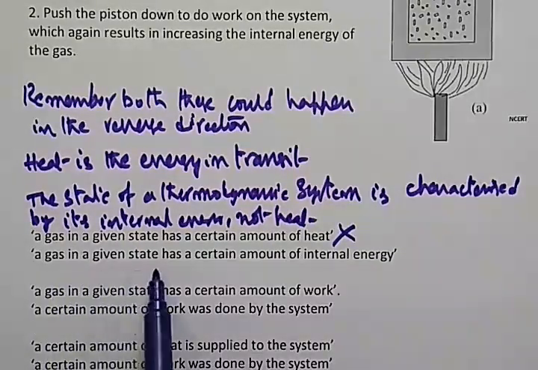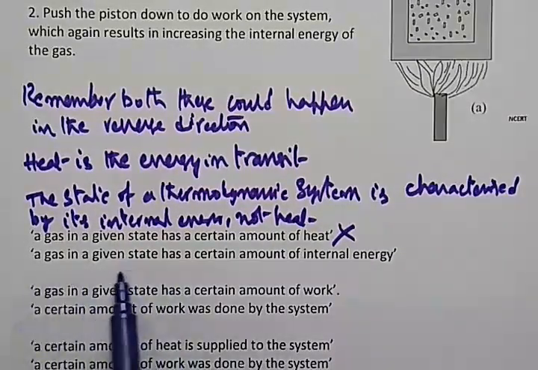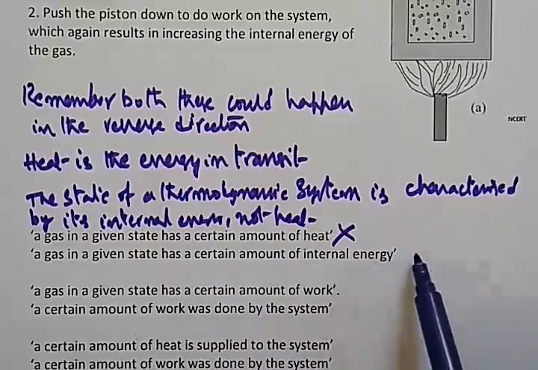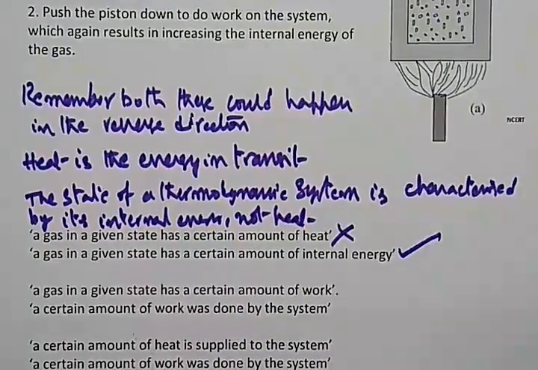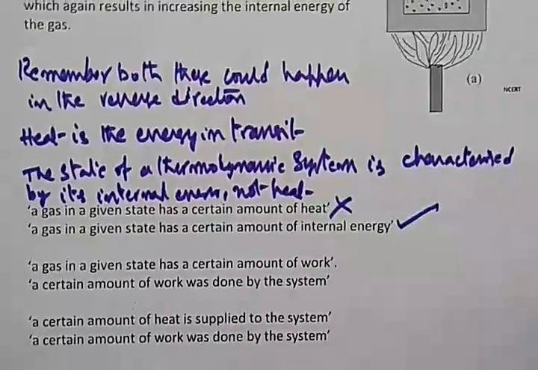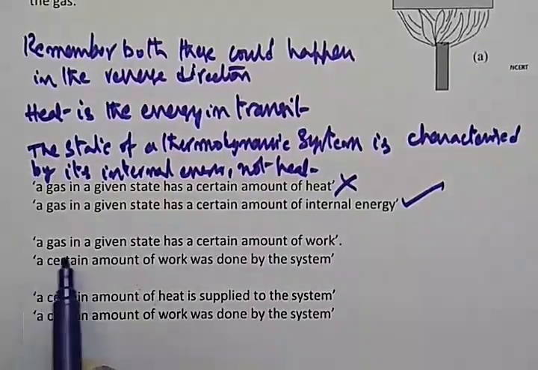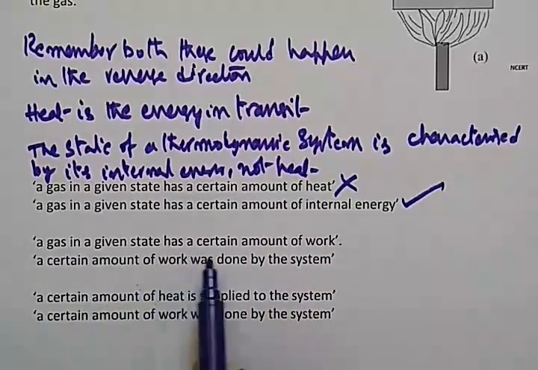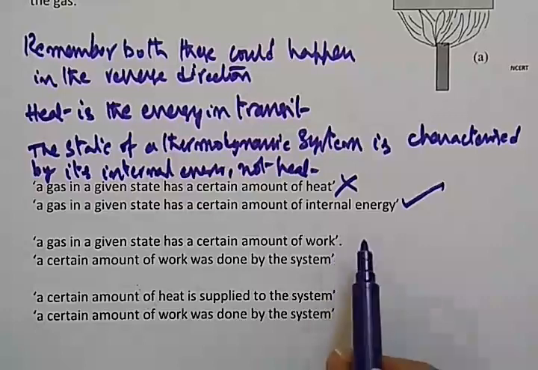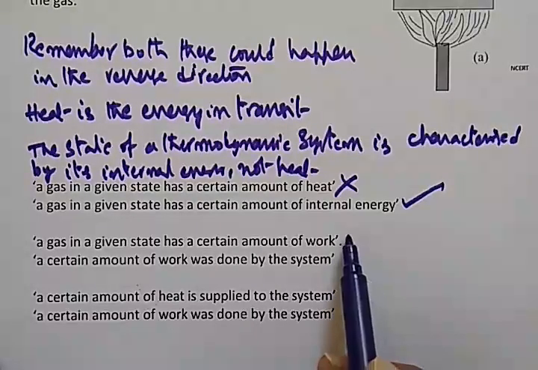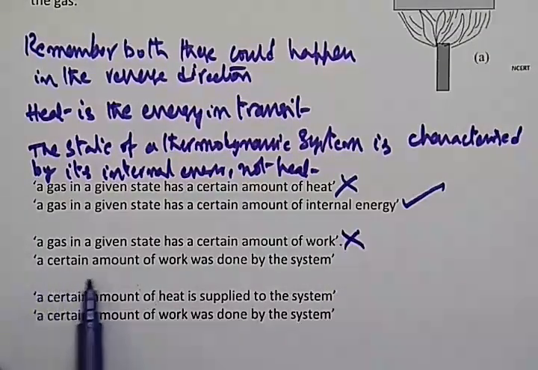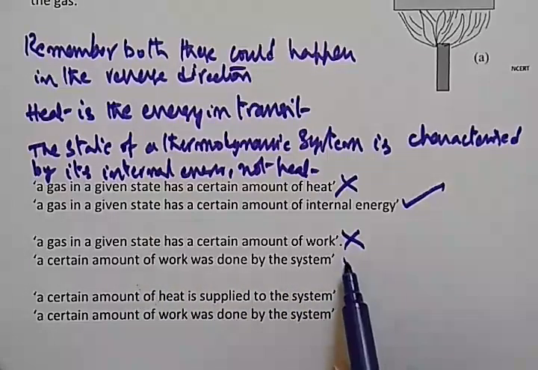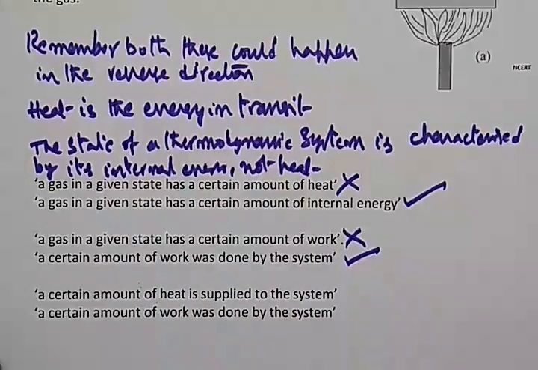A gas in a state has a certain amount of internal energy. This is correct. Similarly, a gas in a given state has a certain amount of work. No. A certain amount of work was done by the system. This is the correct statement.